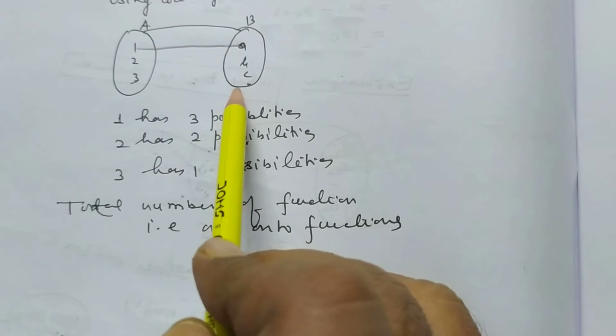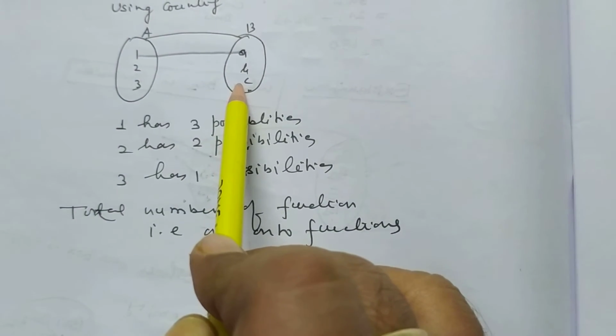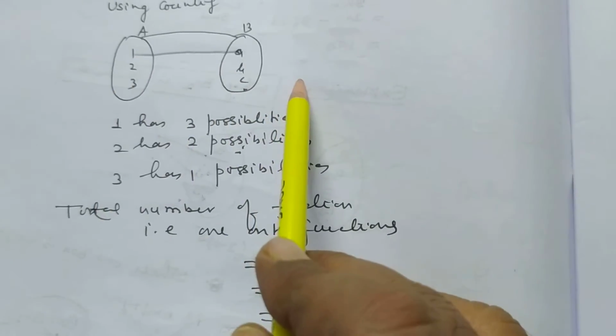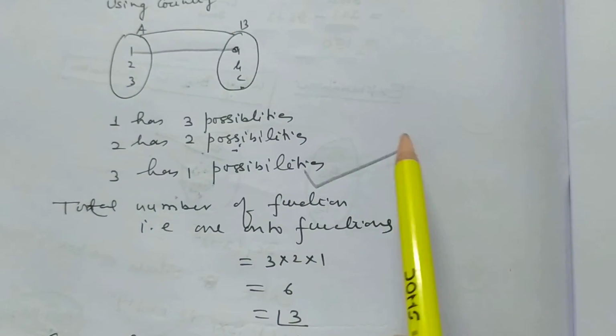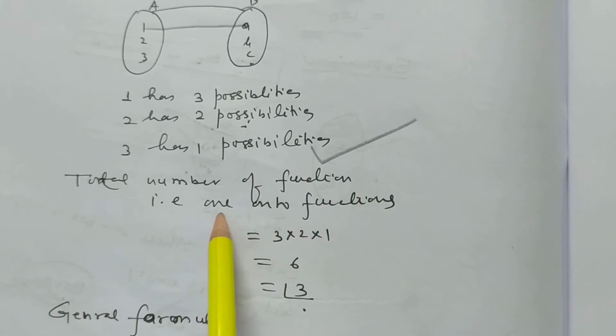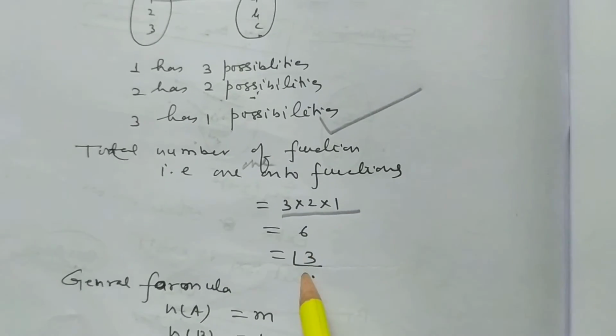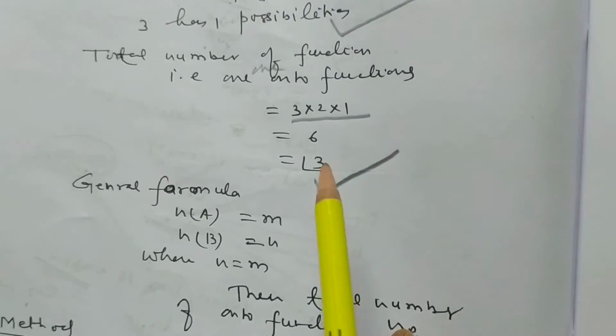Now 1 has 3 possibilities, 2 has 2 possibilities and 3 has 1 possibility. So the total number of one-one onto functions is equal to 3 into 2 into 1, that is 6, that is factorial 3.